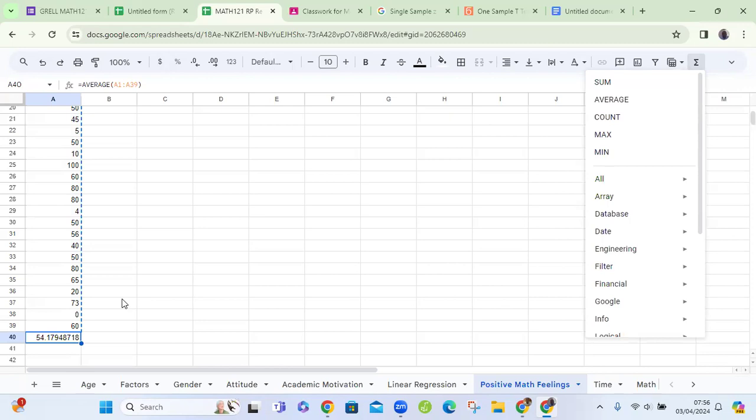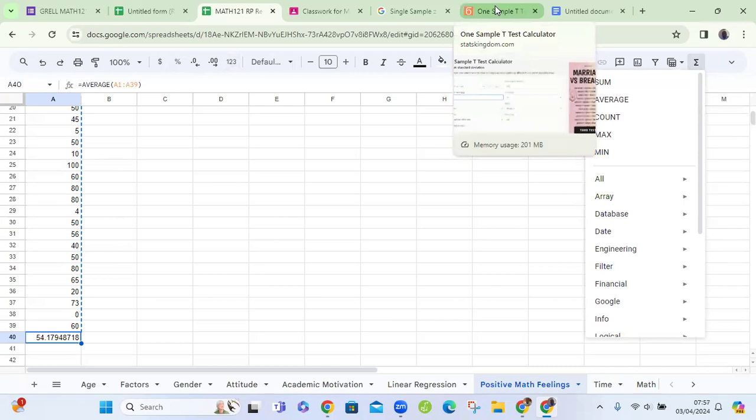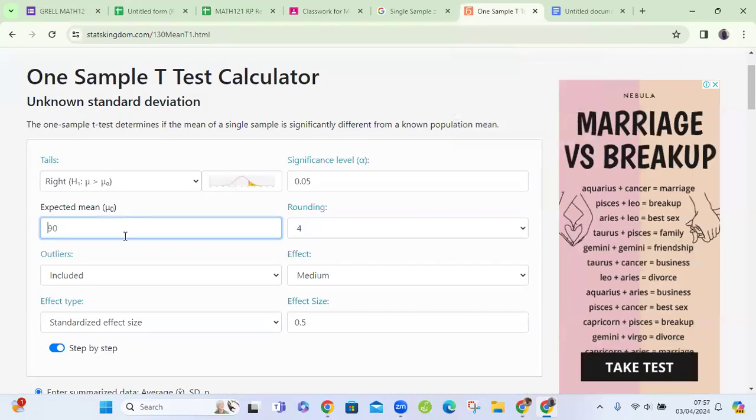Can we say 54 is greater than 80? No, that does not make any sense. 54 can't be greater than 55, right? So we can use a number like 50. So we can say, well, the population mean seems to be greater than 50. Okay, so we can type in 50 there.